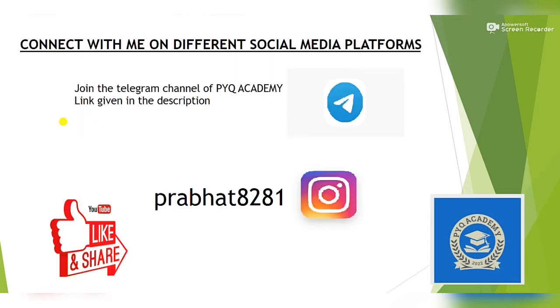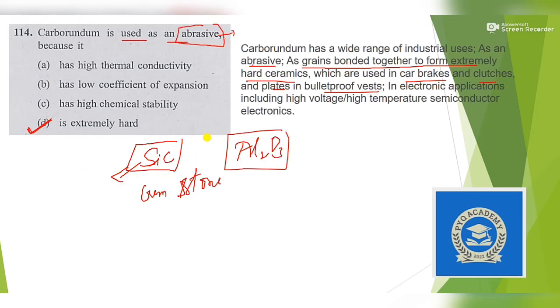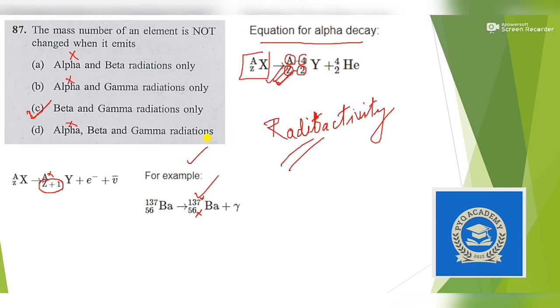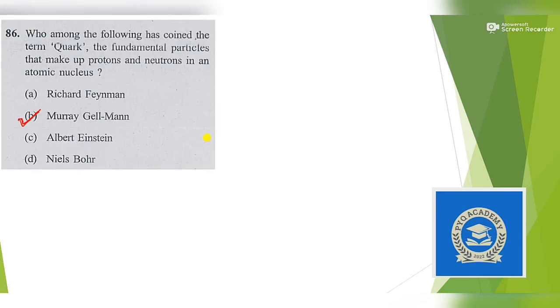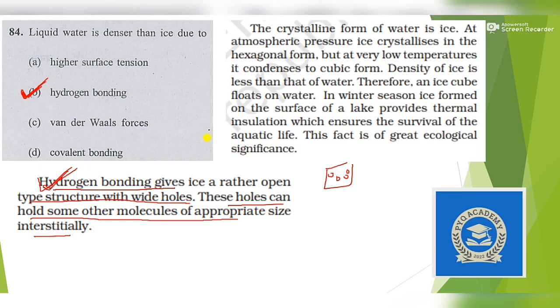So today we are done with the questions of science of 2017, and most of the questions were factual in nature. That's why I didn't go for any deep explanation.